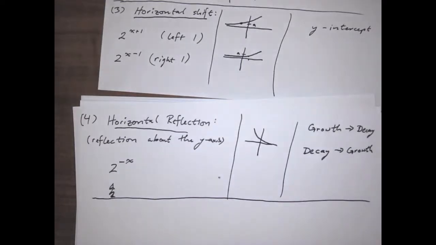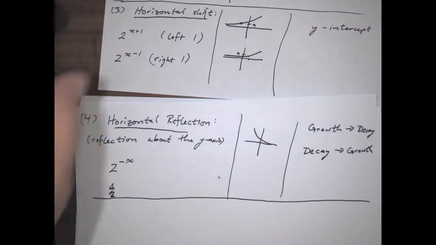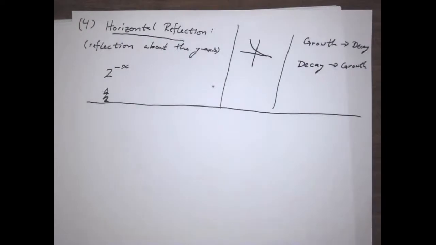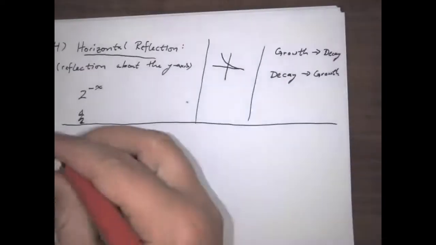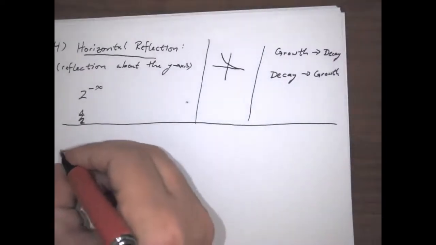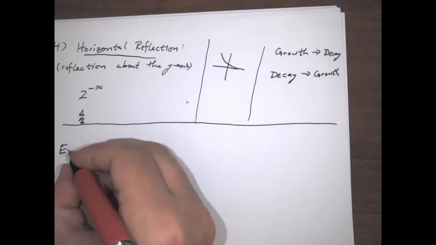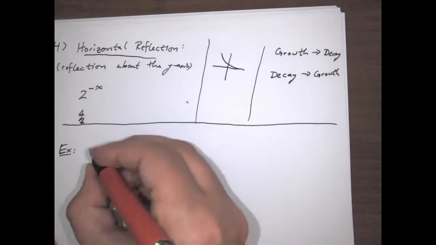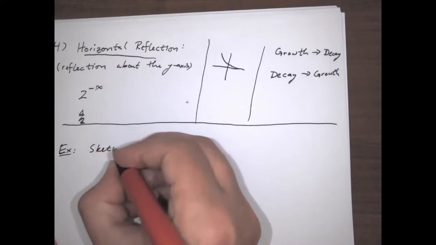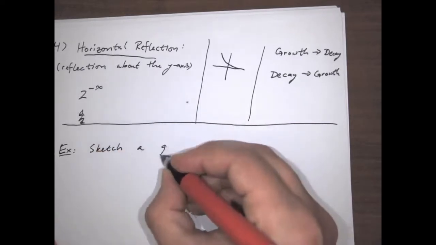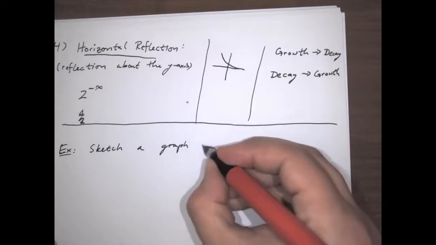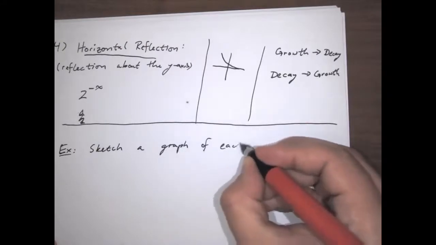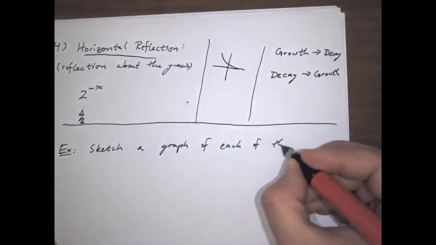So now let's try to actually do some of these changes to a relatively familiar style of function. So for example, let's take this. Sketch a graph of each of the following.